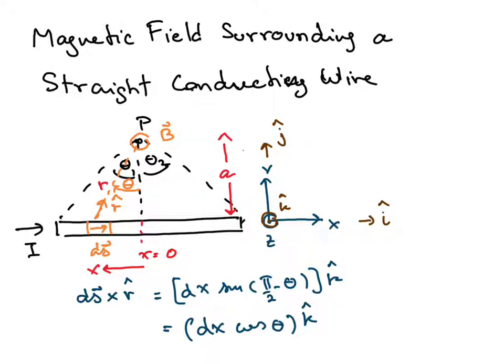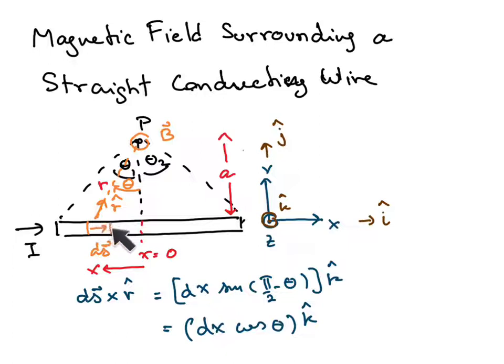From the Biot-Savart law, to calculate the magnetic field B at point P, we will divide the wire into small segments and calculate the magnetic field from each segment, and then sum it up to get the total magnetic field here.